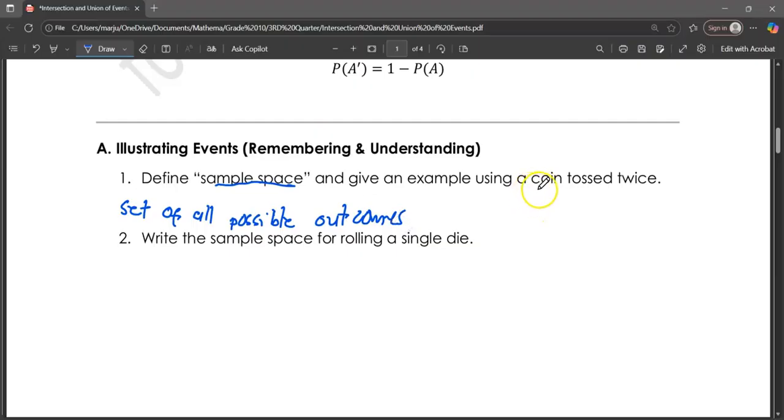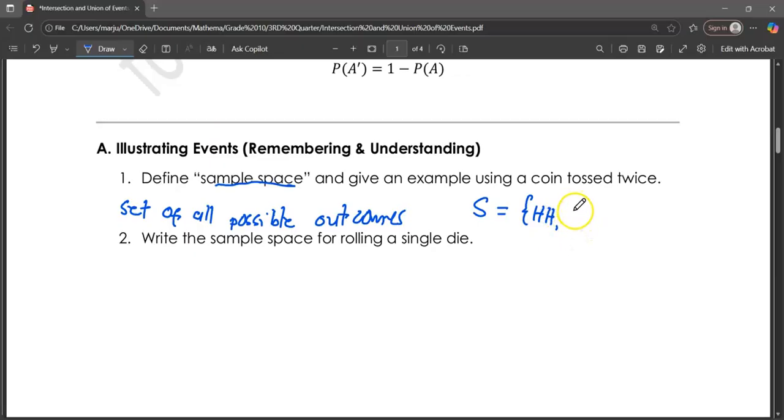So for instance, we toss a coin twice. What will be our sample space there? Our sample space, let me just say S, could be: the first coin is head, and the second coin is head as well.